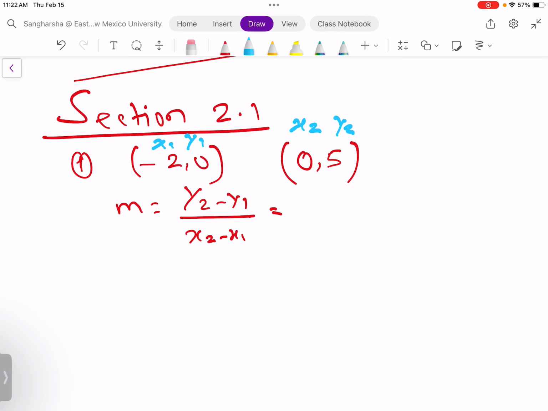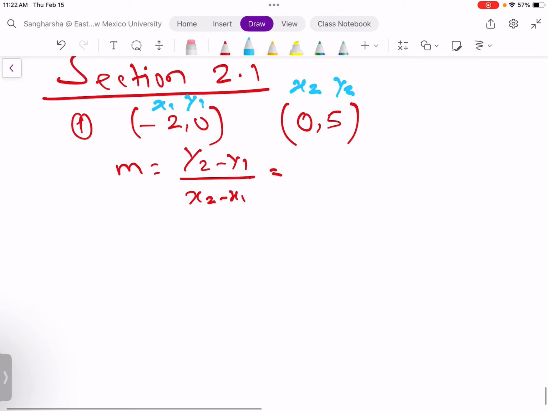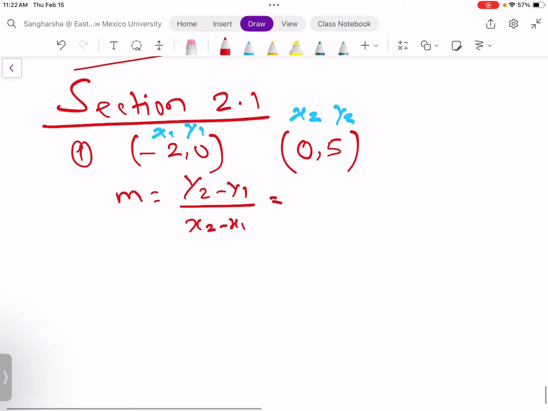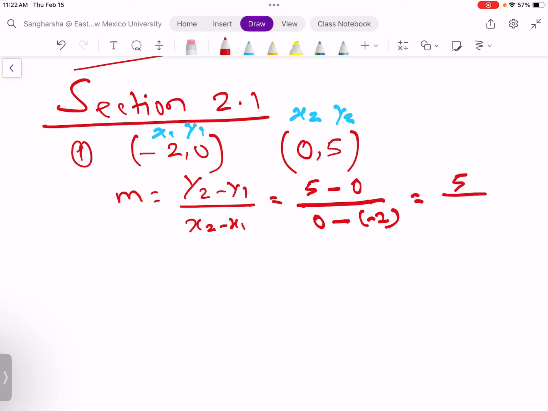Now substitute: y2 is 5 minus y1 is 0, divided by x2 is 0 minus x1 is minus 2. So we have 5 minus 0, which is 5, over 0 minus minus 2, that is plus 2. So we have 5 over 2.